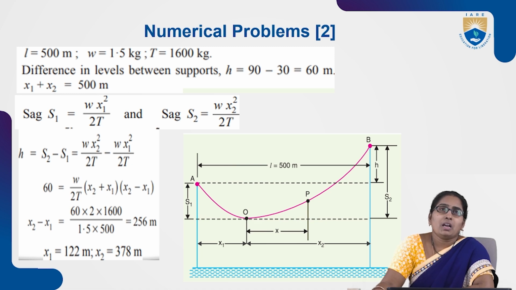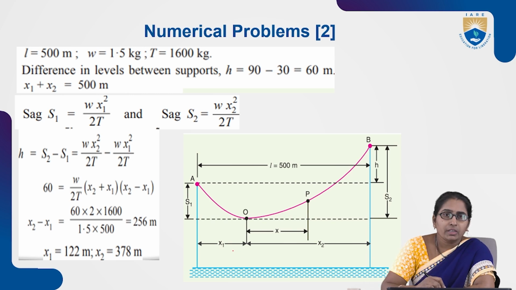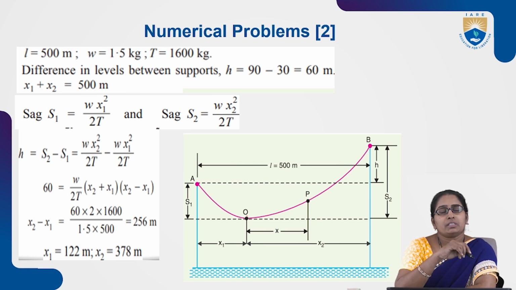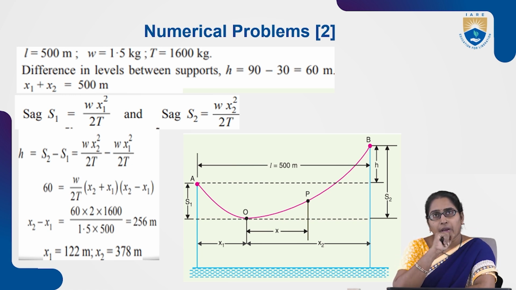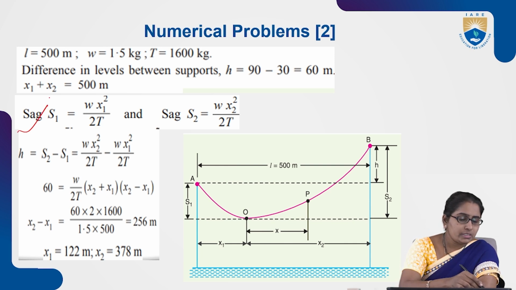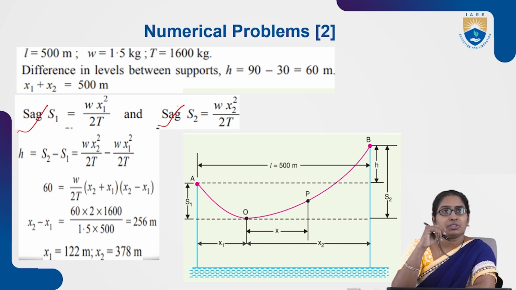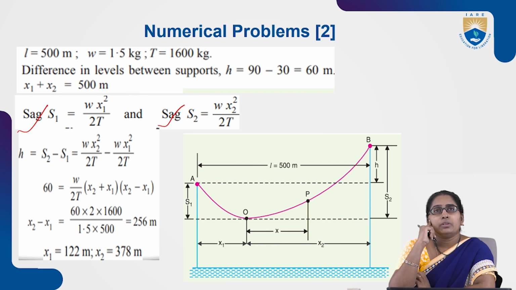They also gave the span length 500 meters, which is nothing but the sum of x1 and x2. From the diagram, that is equal to 500. Now, we know the sag S1, sag S2 expressions. Sag S1 is W x1 squared by 2T, S2 is W x2 squared by 2T.